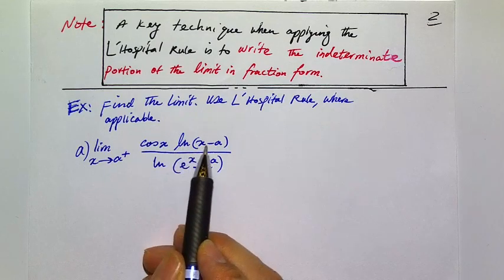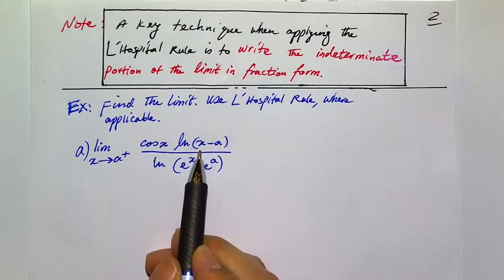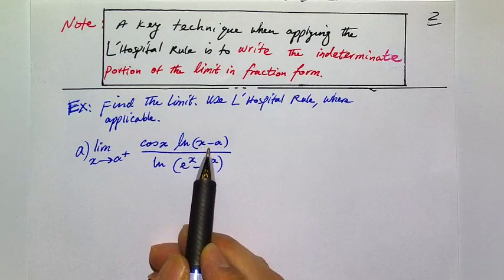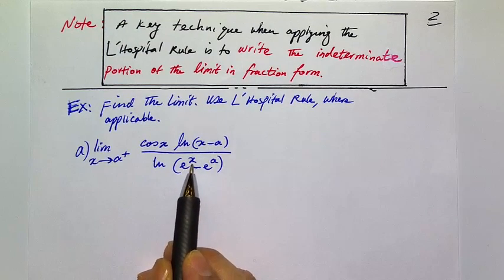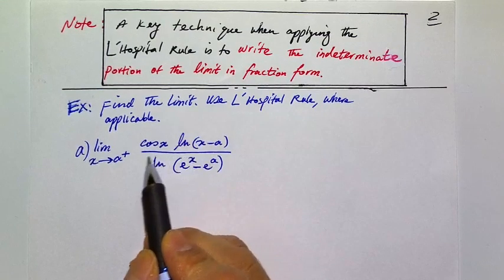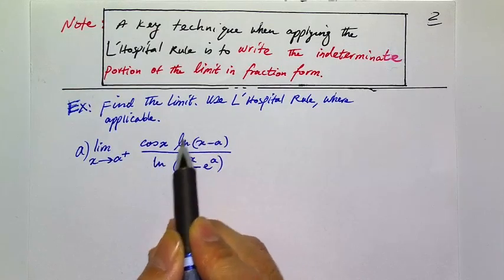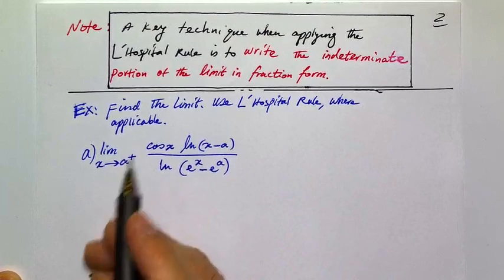Therefore, taking the natural log of that, whatever that number, will be negative infinity. And if we plug in for x with a here, once again, we're going to end up with the same thing. So it's again negative infinity over negative infinity. So this piece of the expression is indeterminate. But let me write it down so you have this as part of the notes.